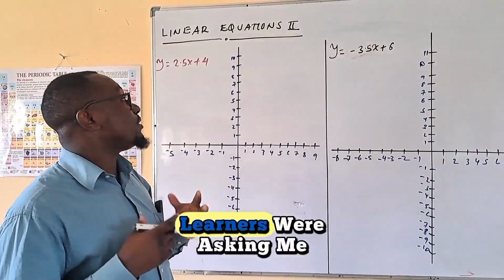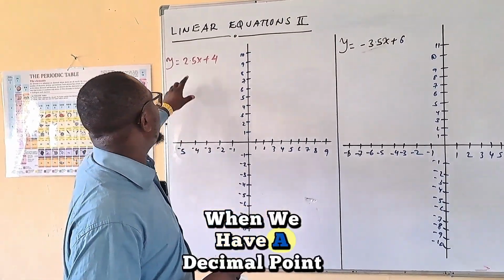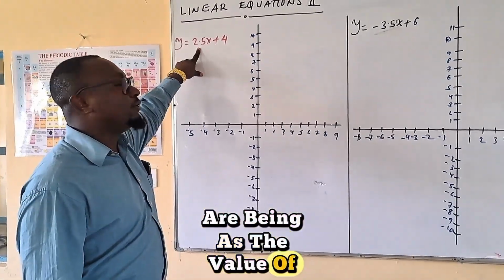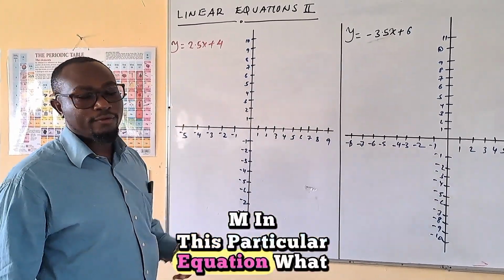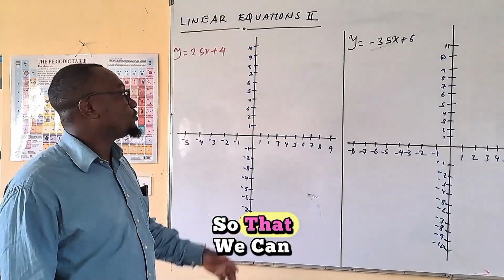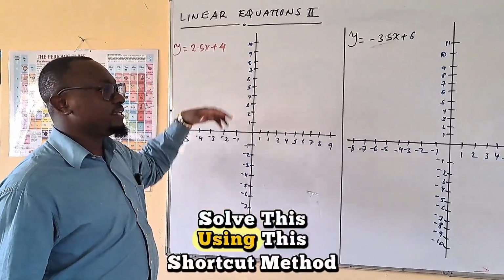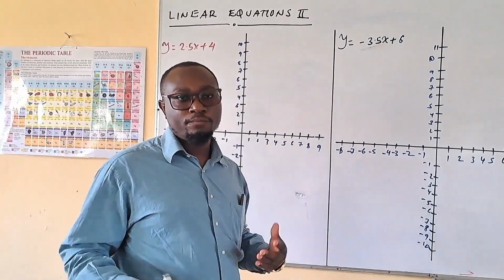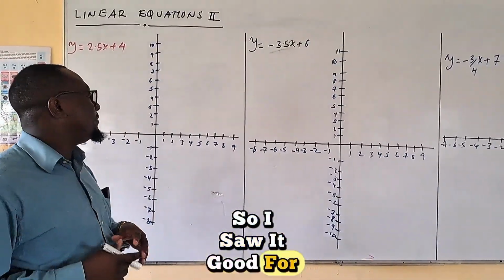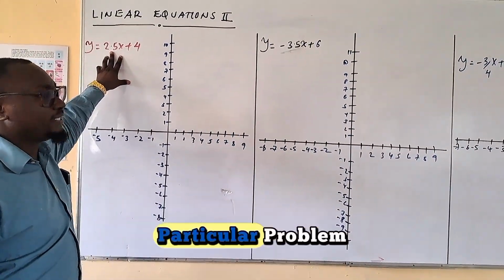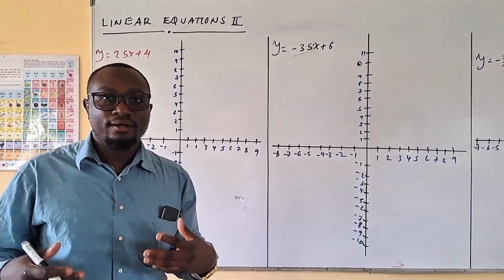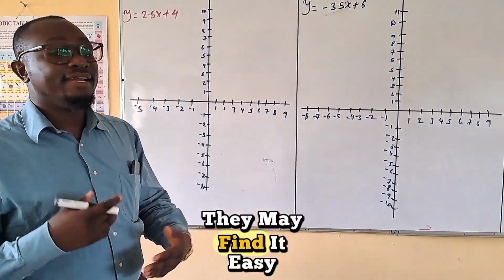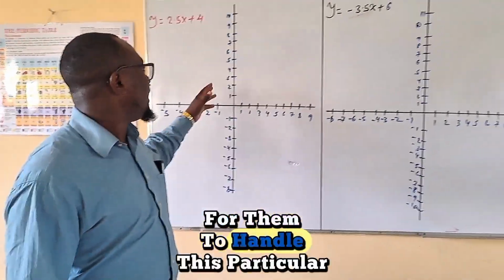Some learners were asking me, when we have a decimal point as the value of m in this particular equation, what can we do so that we can solve this using the shortcut method that I showed you in our previous video? So I saw it good to come and tackle this particular problem so that when learners try to handle it, they may find it easy.